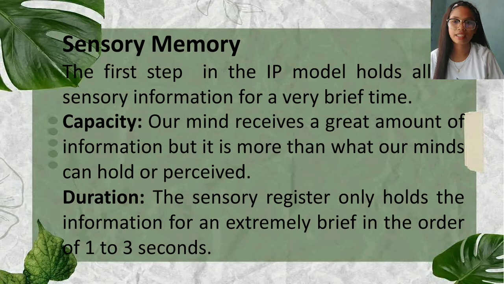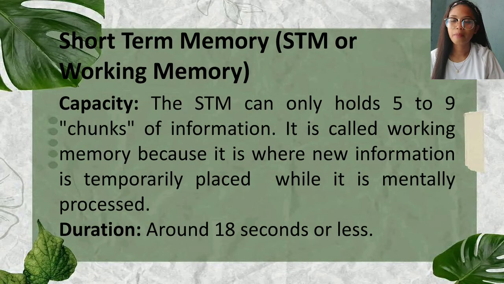That is our next process to discuss. Short-term memory capacity. The short-term memory can only hold 5 to 9 chunks of information. It is called working memory because it is where new information is temporarily placed while it is mentally processed. Duration: around 18 seconds or less.